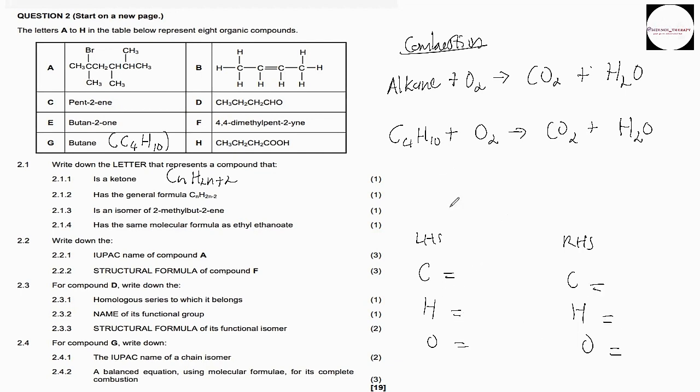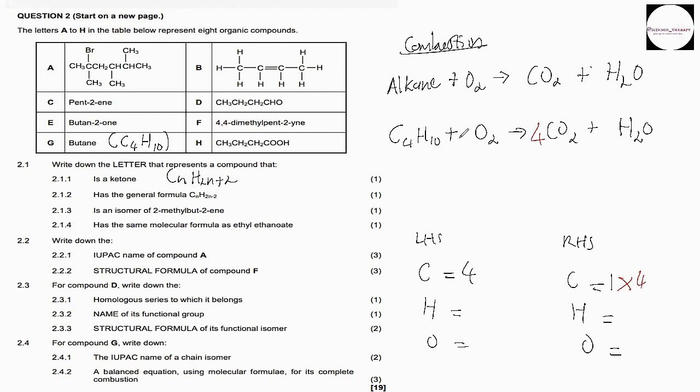How many carbon atoms on the left-hand side? 4. But how many on the right-hand side? Only 1. What integer value can I multiply 1 by so that I get 4? That's 4. Then just before the carbon, I put that 4.